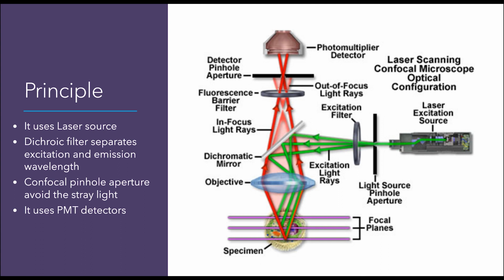After falling on the dichroic mirror, the light will fall on the specimen, and the light will be collected from the particular plane of the sample, so that the light from the other planes, which is the unwanted light, will be avoided by the pinhole detector here. The required signal will be detected by the photomultiplier detector.